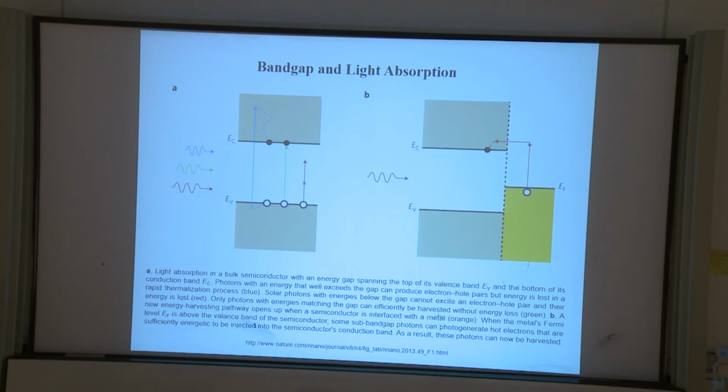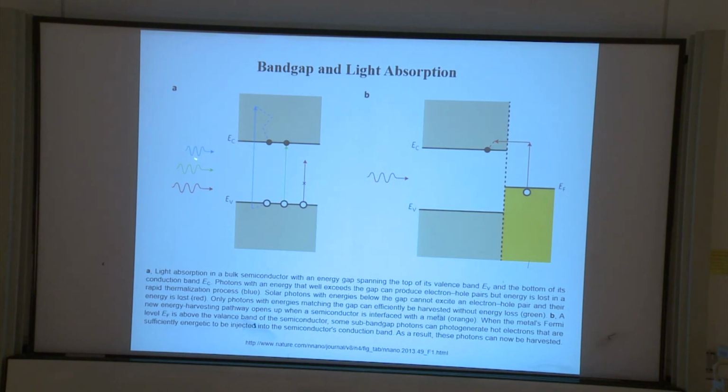Yes, it's exactly just enough to excite the electron and leave a hole. And these electrons and holes are charged. They can be moved under the influence of the field.